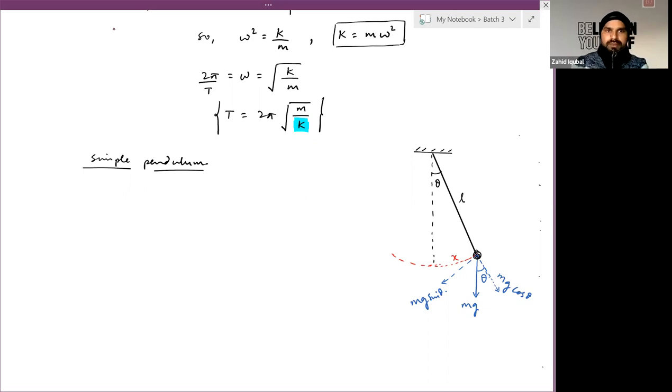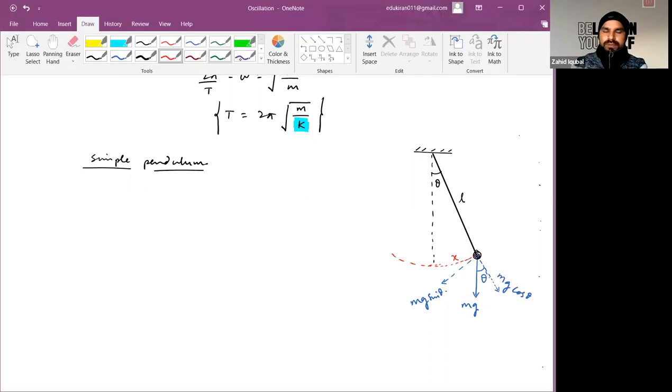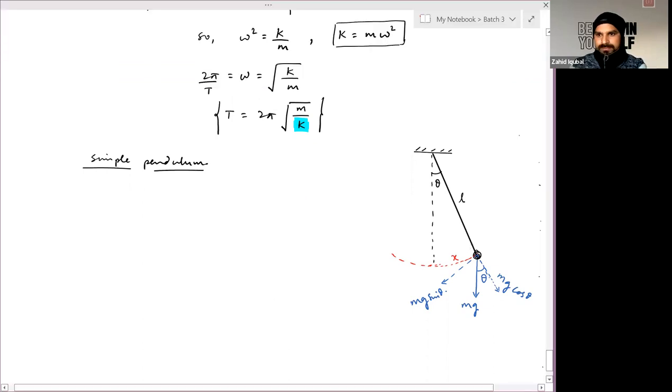First we have to calculate the restoring force responsible to bring this bob back to its original position. Abhinav, which force will be responsible to move this bob back to its initial position, mg cos theta or mg sin theta? Riba, which force?